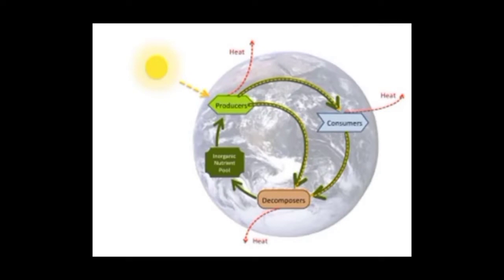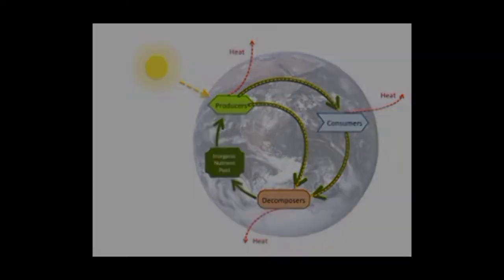Energy flows directionally through Earth's ecosystems, typically entering in the form of sunlight and exiting in the form of heat. However, the chemical components that make up living organisms are different. They get recycled.